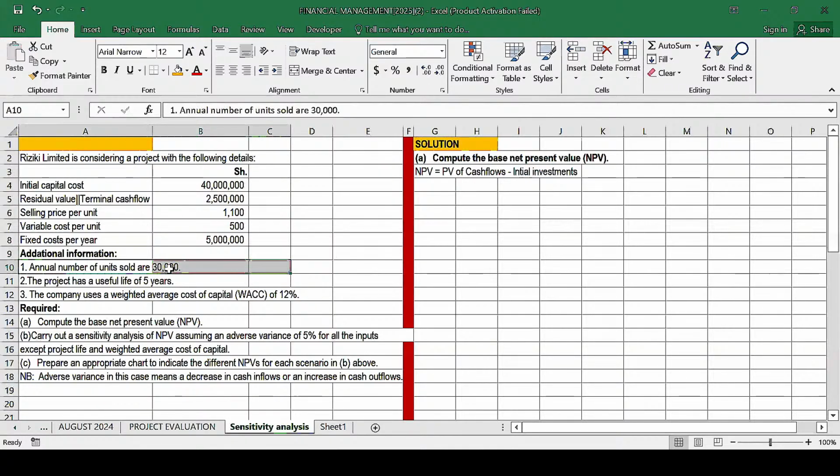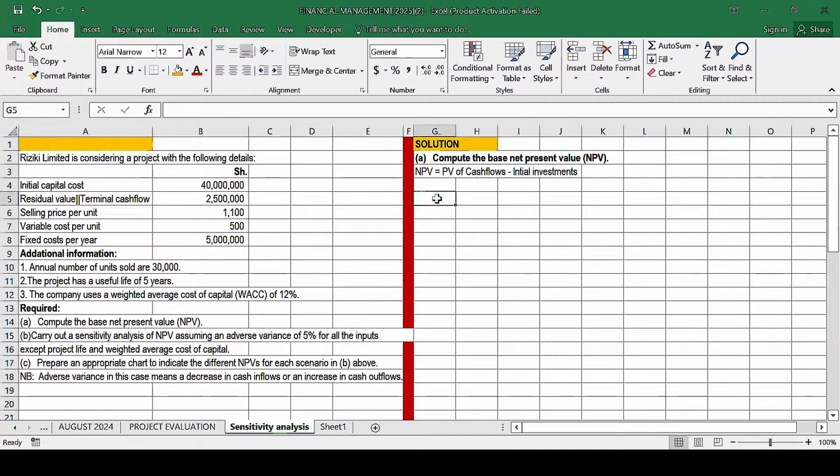So what we will do is compute the sales to be made by the company, and then we less the costs to be incurred. Like in this case, you can see we have the fixed cost and also the variable costs. So once we take the sales minus those two costs, we will be able to get the net amount of cash the company will be getting from this project.